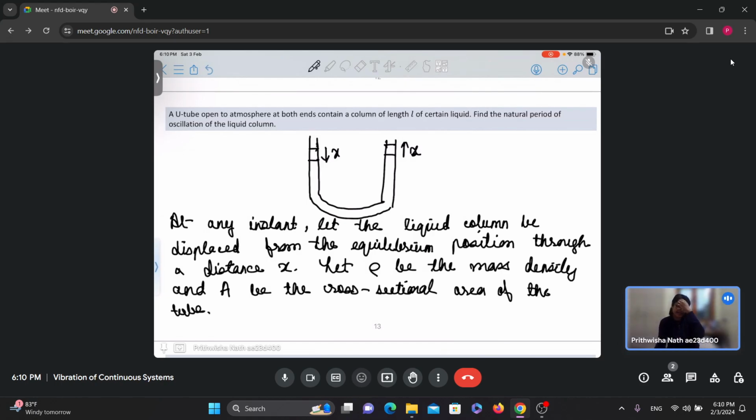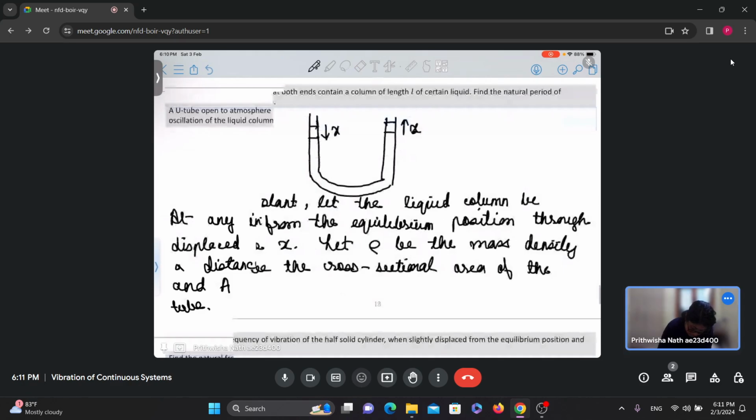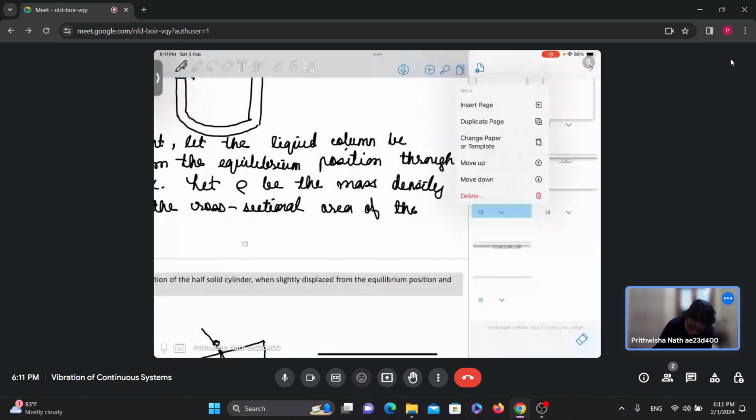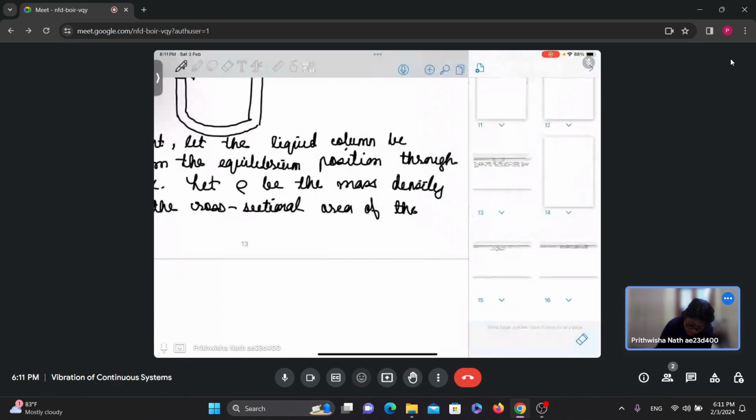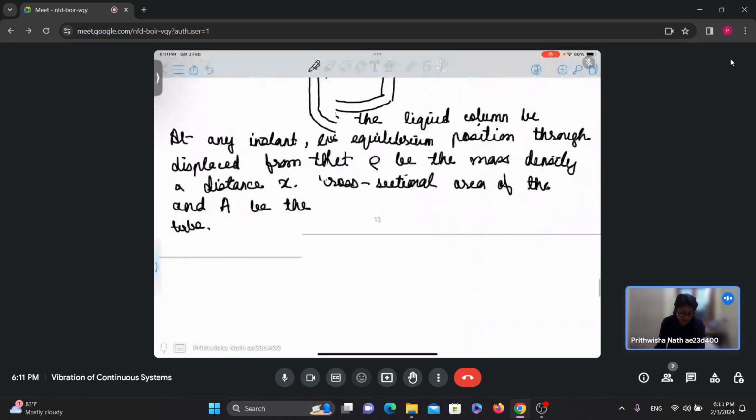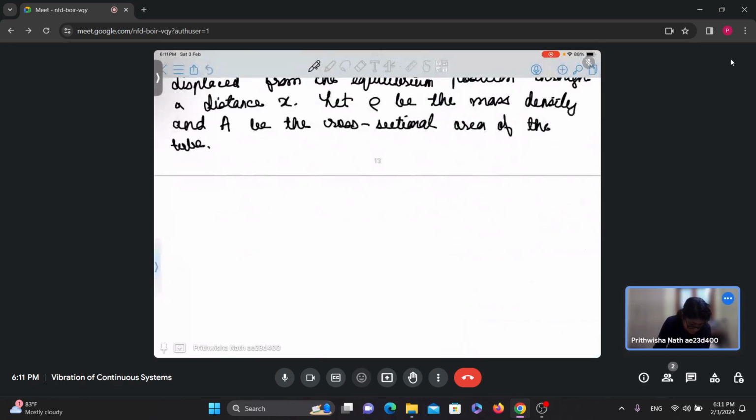So what is the kinetic energy for this column? It is half into mass into velocity square. How can we write the mass of the liquid? Mass is density into volume.